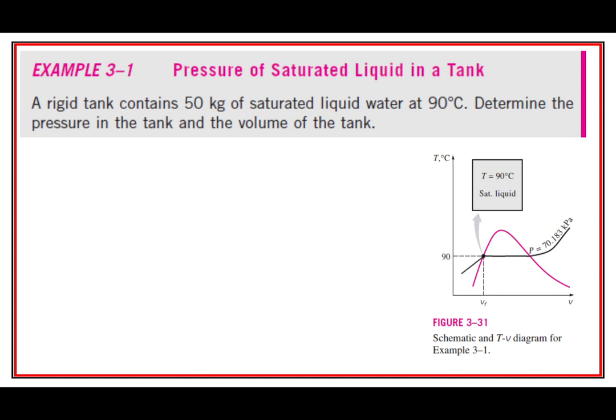Let's first off, I think we have to assume that it's saturated liquid. Saturated liquid generally means that we're on the line, and they've even shown us that they're on the line. I usually think of saturated as being a mixture, but technically, if you say it's a saturated liquid, it has to be on that line.